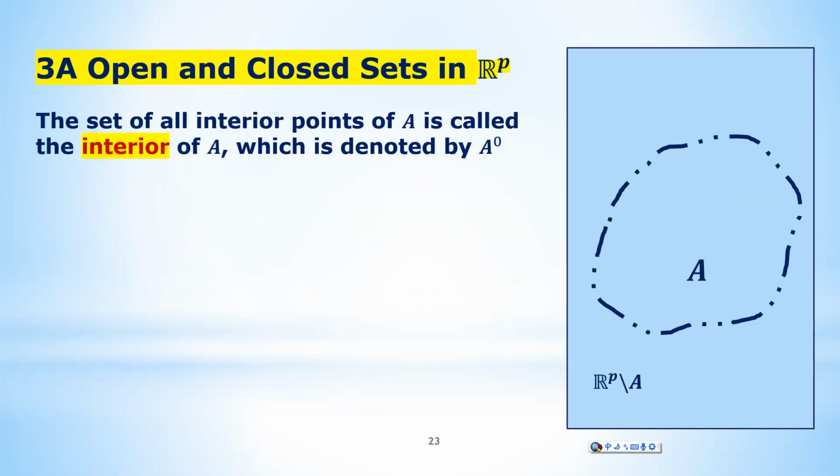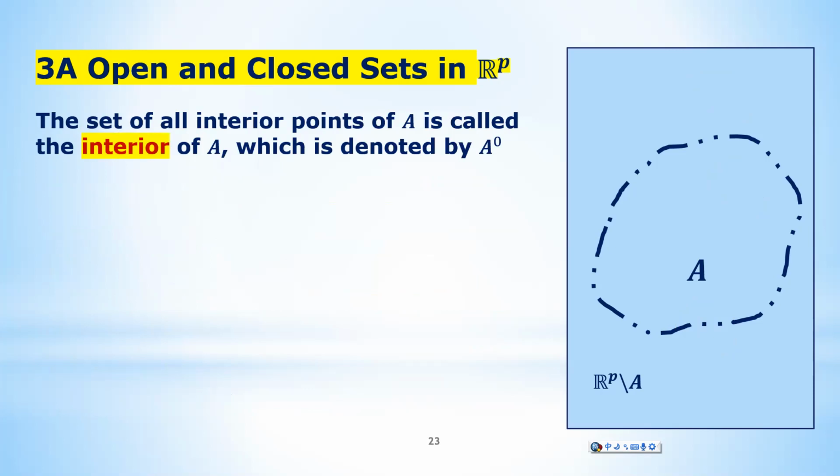So then we're going to give a name. Suppose you have a set A. Maybe the set A has no interior point, maybe the set carries some interior points. So let's put all the interior points of A together. This is a subset of A, right?